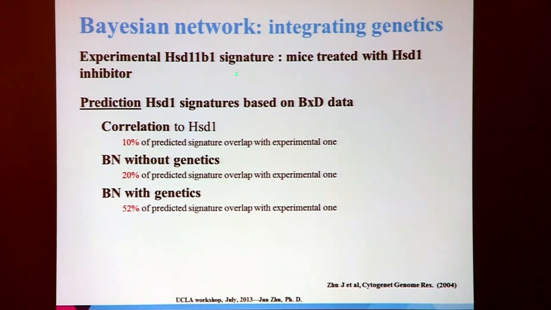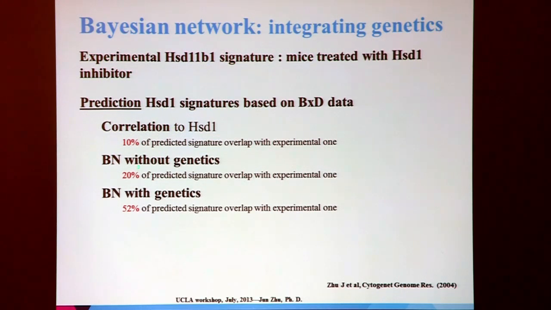It generates an experimental signature by perturbing this gene, and then you can go to whatever data you have to predict the downstream genes regulated by Hsd1lbl. If it's purely based on correlation, with some cutoff, you predict the potential response genes. Then compare with the experimental genes, and only 10% actually overlap.